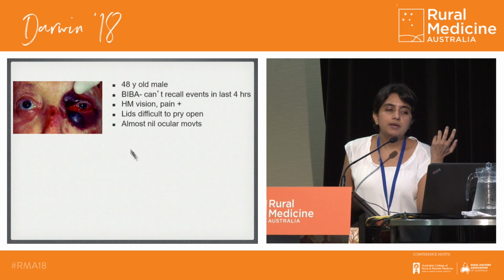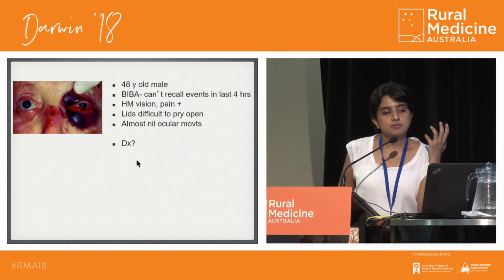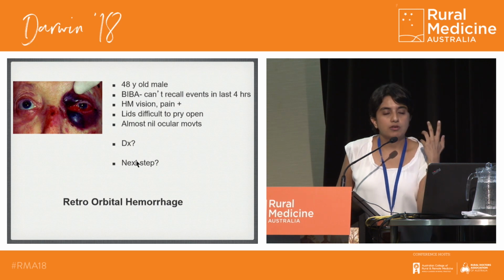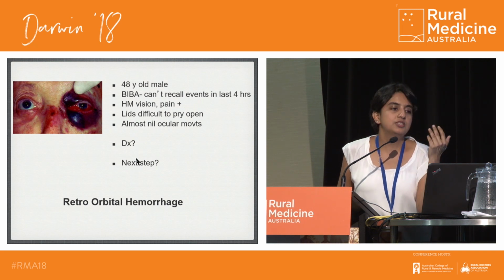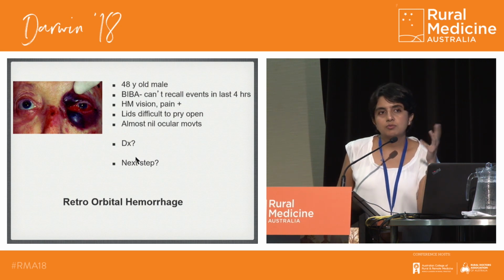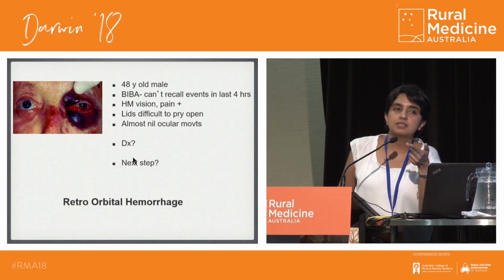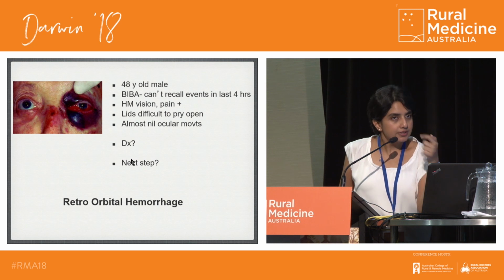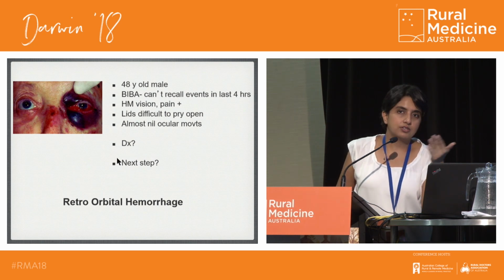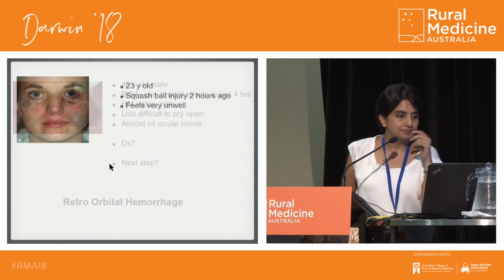So what would be the first diagnosis that we should think of in this presentation would be a retrobulbar hemorrhage, and the next step is, if you have access to imaging, otherwise lateral canthotomy. For him the vision is down, the eye is proptotic, and nil ocular movements. I think that is enough to say, yes, this patient needs a lateral canthotomy and cantholysis. If we have access to measuring pressure, then we measure pressure. That gives us another additional criterion to justify going ahead and doing that step.